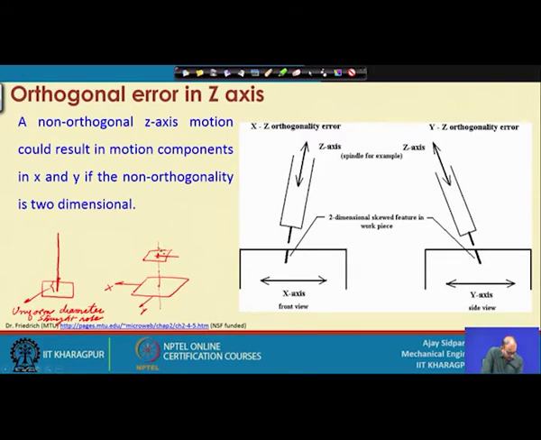So, it has a location error in both the x and y directions. Now, see this deviation. This deviation is in the y direction, and this deviation is in the x direction, correct.